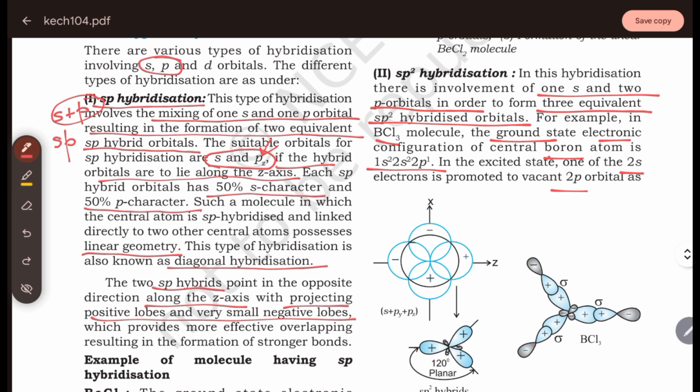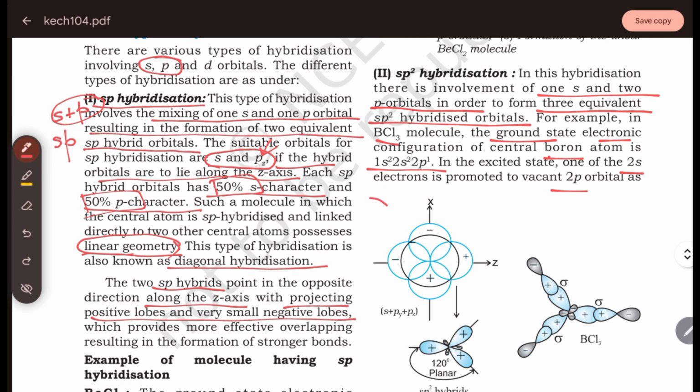Now here it contains 50% s character and 50% p character in an sp hybrid orbital. And in order to get minimum repulsive interaction, the geometry that is obtained is a linear geometry.